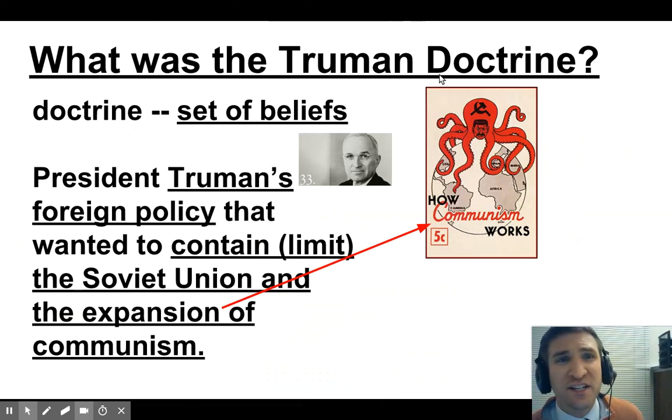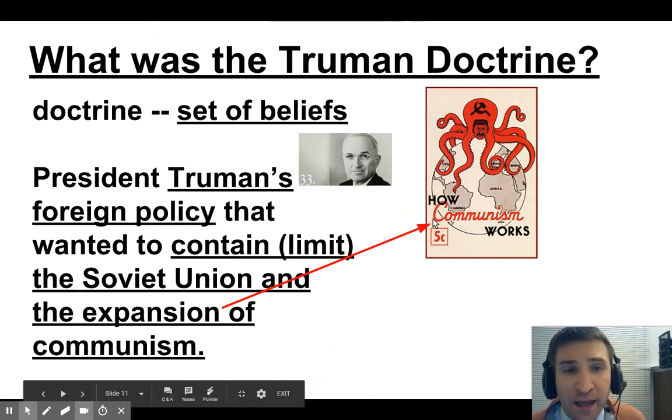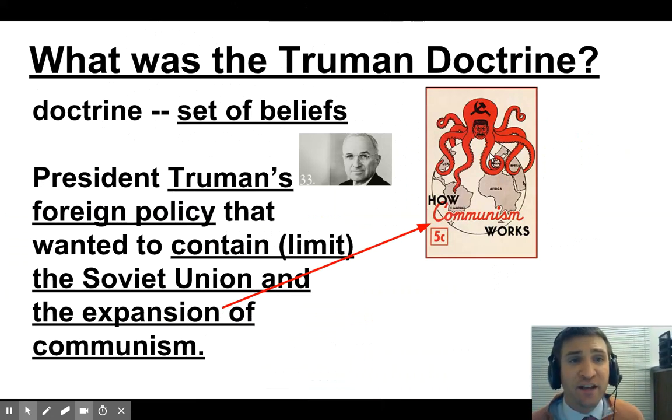What was the Truman Doctrine? Truman had a doctrine, which means set of beliefs. And what was this? It was President Truman's foreign policy that wanted to contain, meaning to limit, the Soviet Union, and the expansion of communism. Truman wanted to stop this octopus that was communism from strangling the world with its many tentacles.